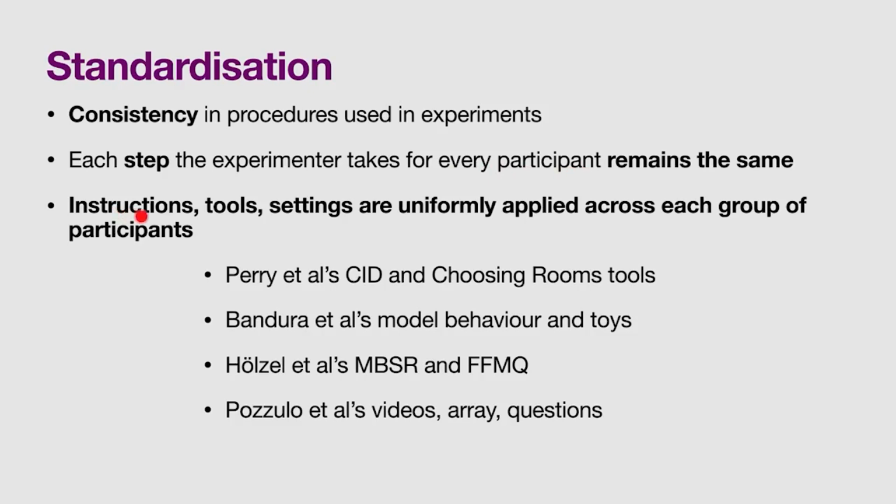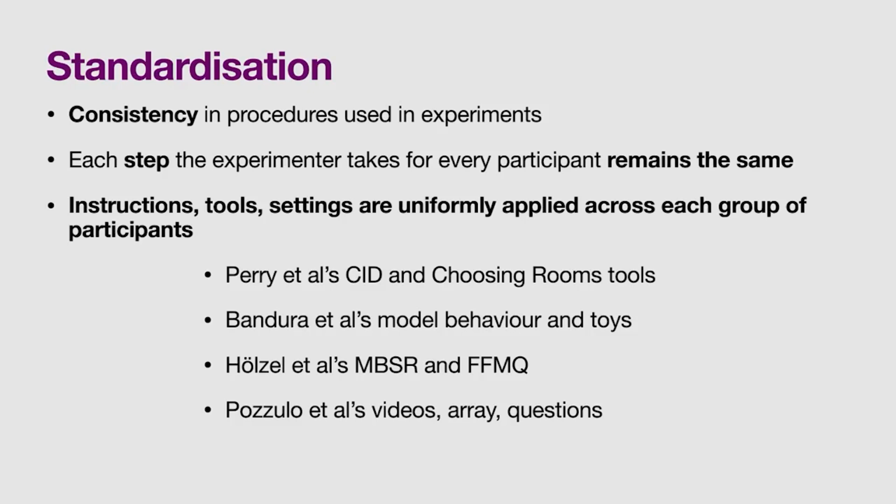So instructions, tools, even the setting of any sort of experiment must be uniformly applied across each group of participants. For instance, in Perry's experiments with the comfortable interpersonal distance paradigm and the choosing rooms experiment, even though there was one group that received a placebo and did not receive oxytocin, and that was the control group, both groups participated.